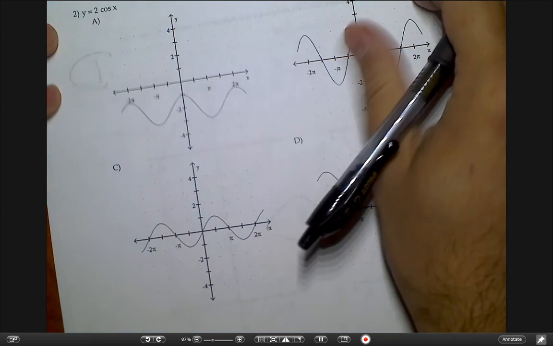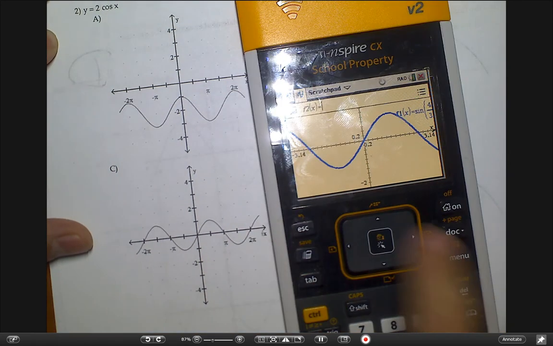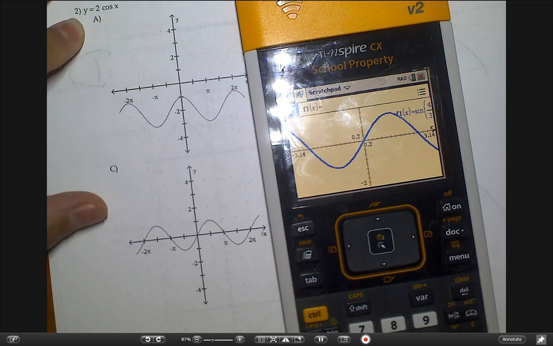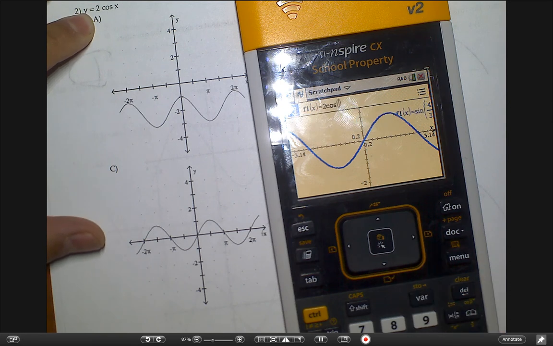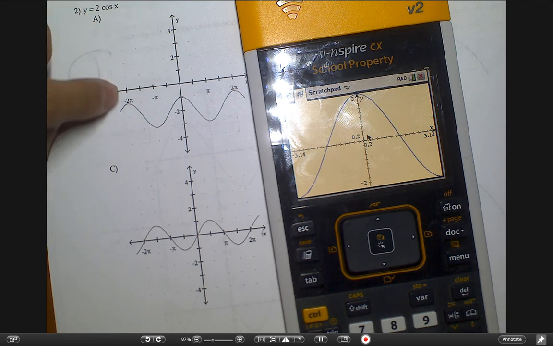Now, let's take a look at number 2. Same thing here. So I'm going to do the same. So hit tab, go up. I'm going to clear off that one. So 2 cosine of x. It's B right here. If you notice, I have to change my windows again.